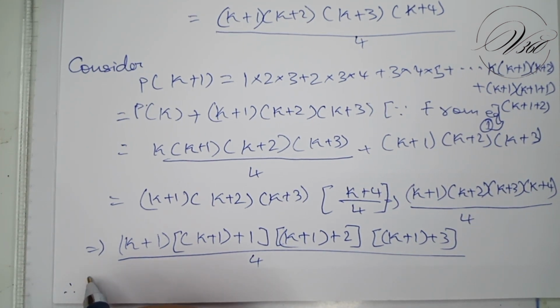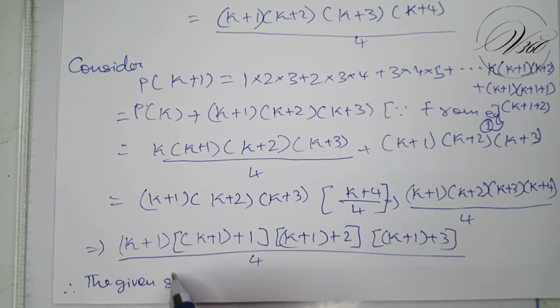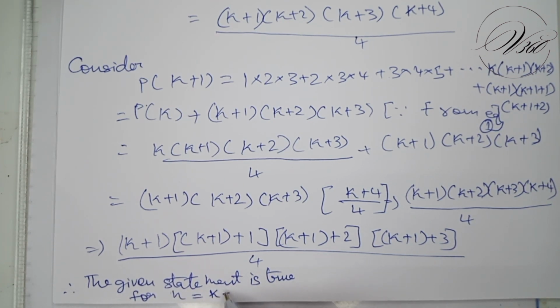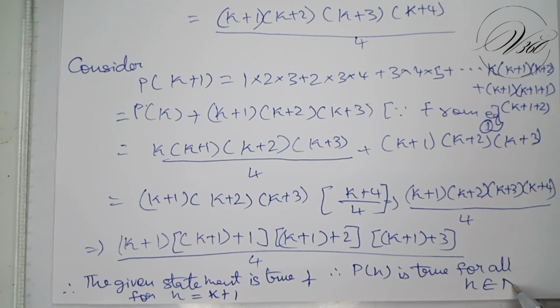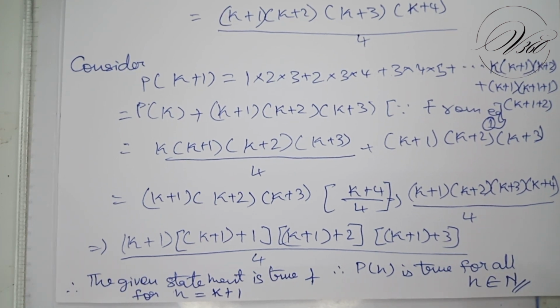Therefore, the given statement is true for n is equals to k plus 1, and therefore p of n is true for all n belongs to natural numbers. Okay, this is the solution for the 13th question.